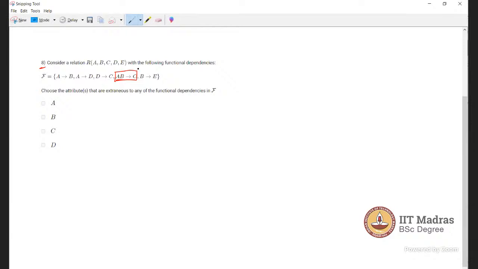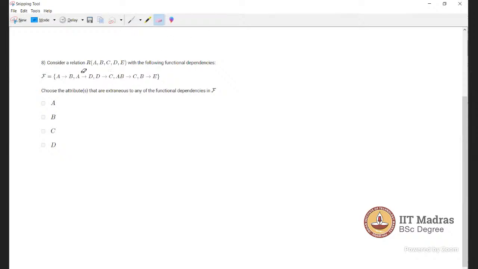In this functional dependency, if you remove A or B, do you get C without the help of B? Then B is an extraneous attribute. And if you remove A, without the help of A, are you getting C or not? Who asked this question?